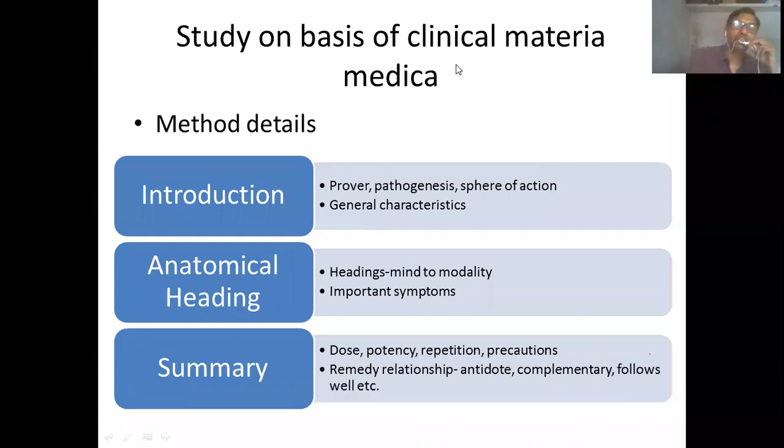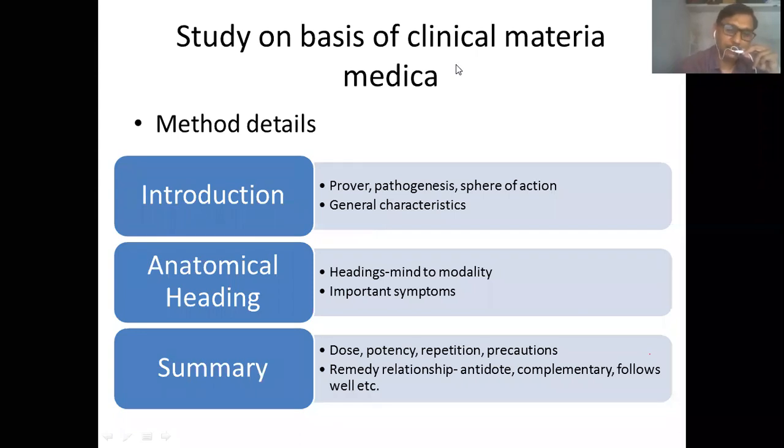Then along with that, sometimes comparison of remedies is also given. Along with that, information about a rare medicine in one or two lines is also given. Then remedy relationship: if this medicine creates some adverse effects, how we are going to antidote it, how we are going to complete the incomplete action of this medicine.